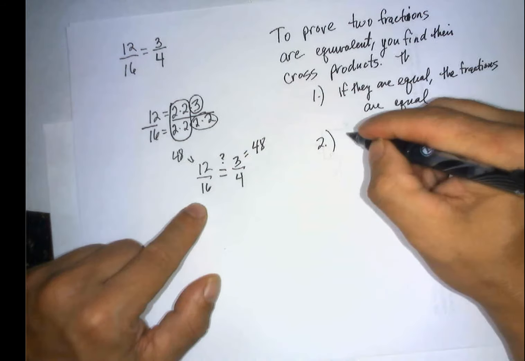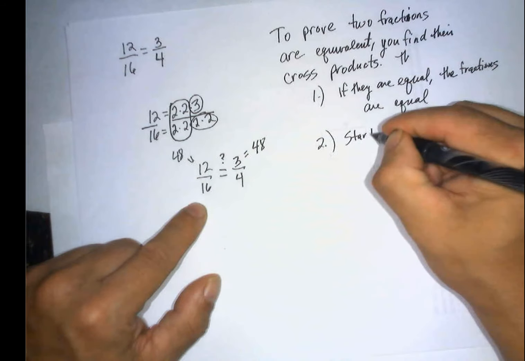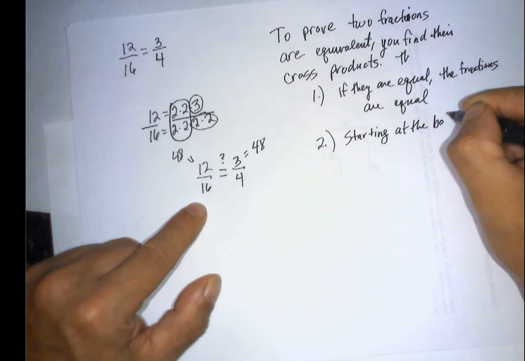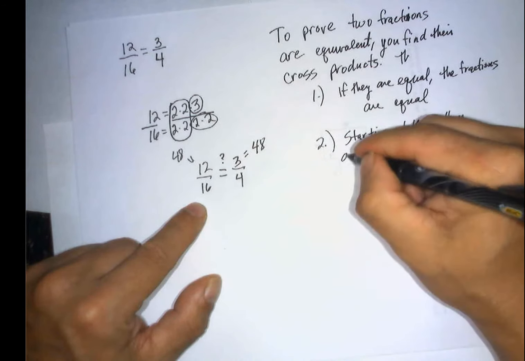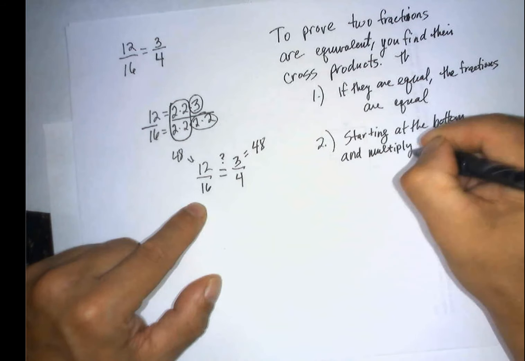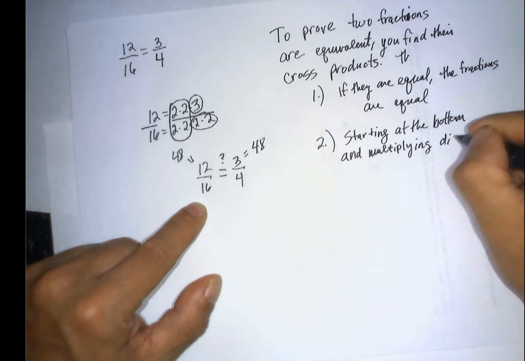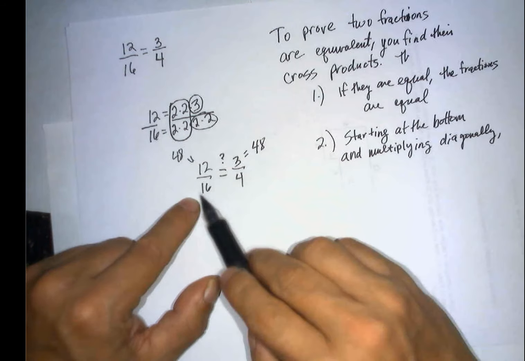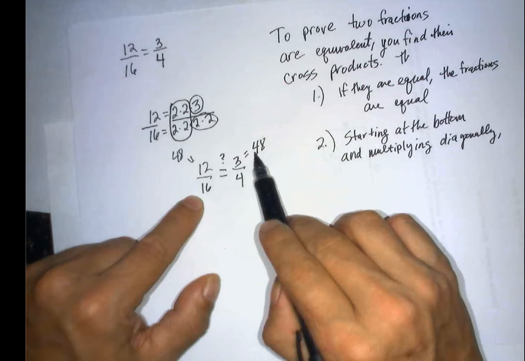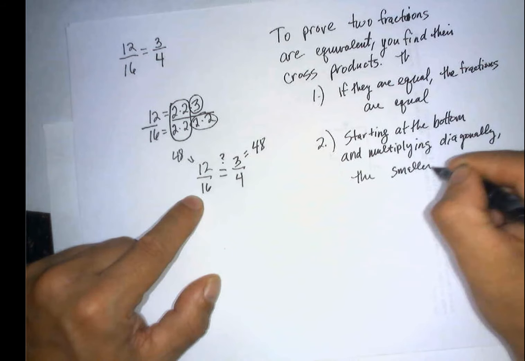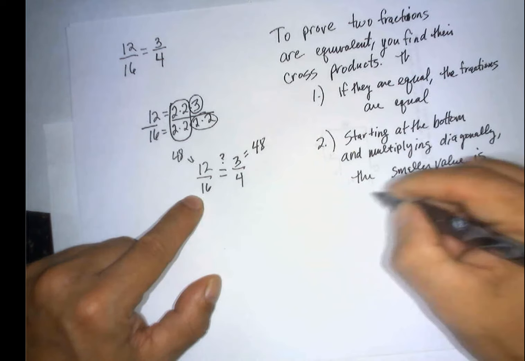2. Starting at the bottom and multiplying diagonally. So if you start at the bottom and multiply diagonally, the smaller value is the smaller fraction.